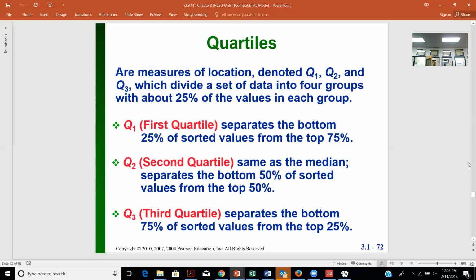Another word for mid-range would be the second quartile. And then we have the third quartile, Q3. So this is 25% of the data, and this is 50% of the data, and this is 75% of the data. Right? So that's if you have a nice smooth progression of data. We can divide it up into quarters pretty easily.